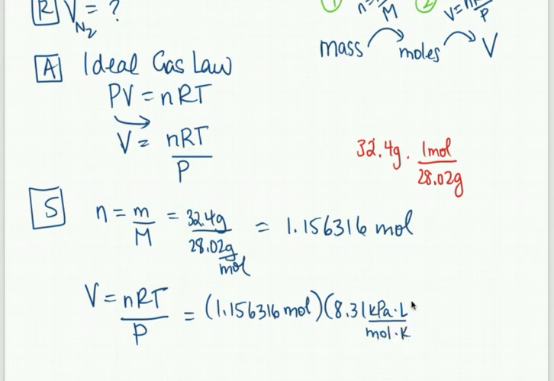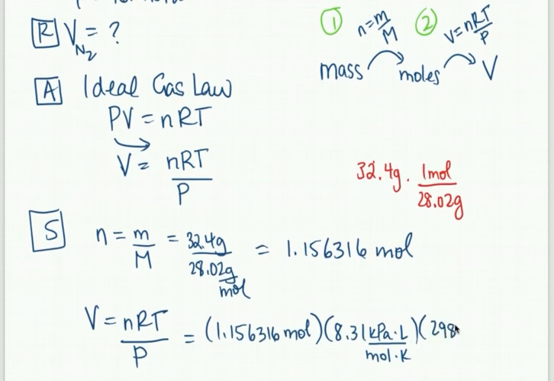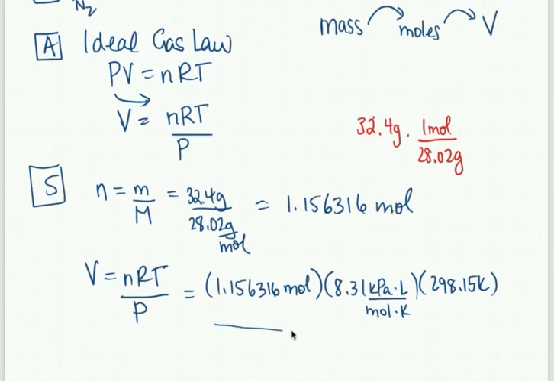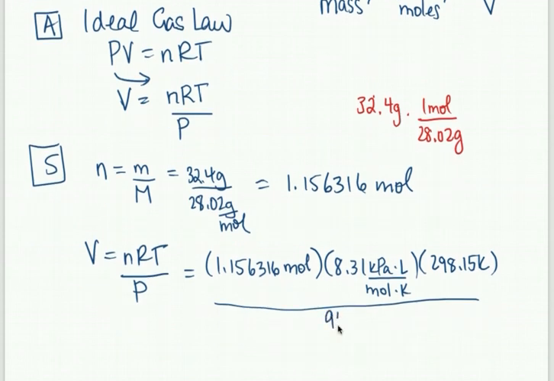Then we multiply by the temperature, which was 298, and divide all of this by the pressure, which was 96.4 kilopascals. Double check your units here: kelvin, kelvin goes, kilopascal, kilopascal goes, so that leaves liters.